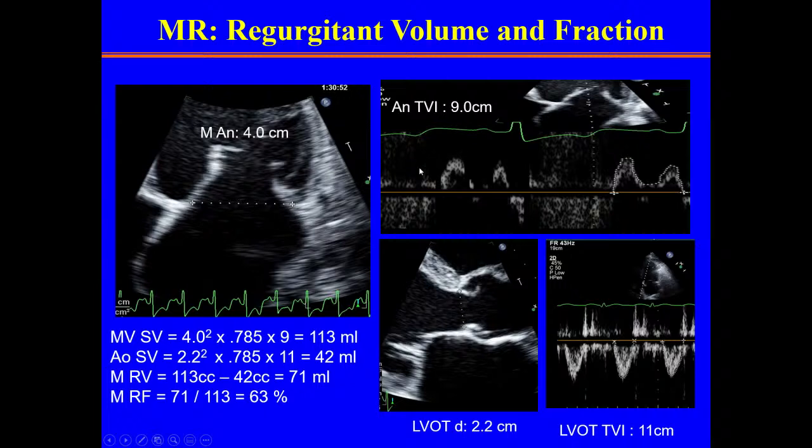I will see a ventricle that is large in size, ejection fraction normal, and then I look at a good signal through the LV outflow tract, and the normal time velocity integral should be in the 20s, should be higher in larger ventricles, unless the diameter is larger, in which case the TVI doesn't get much increased. But here this is a large ventricle with good EF, and I'm having a time velocity integral of 11 centimeters. So that should catch my attention as well.